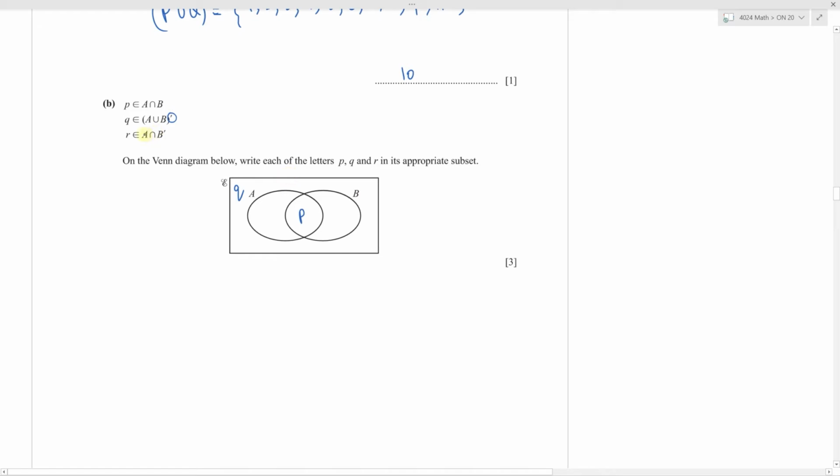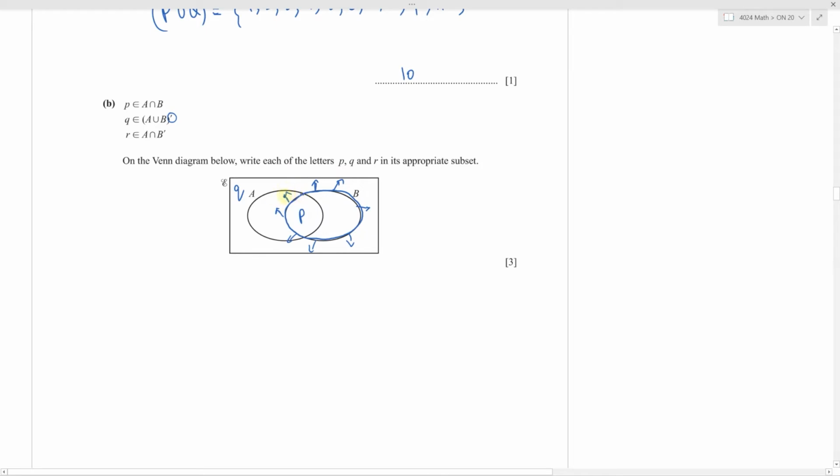And the next one is R, which is A intersection B complement. So B complement, this is B. Everything outside this is B complement, right? And now you have to find the intersection of B complement with A. So what is the overlapping area of B complement with A?